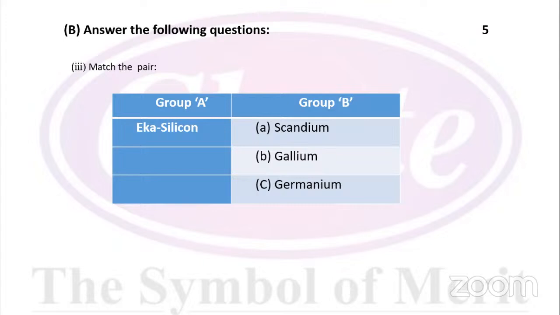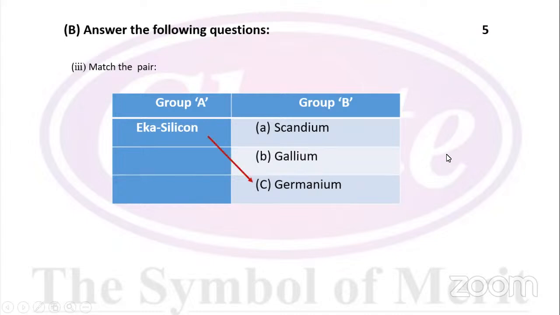Mendeleev predicted some elements, but he could not give the names to those elements, so he gave names like Eka boron, Eka aluminum, Eka silicon. And the Eka silicon, after his prediction, when it was discovered in the future, was named germanium.